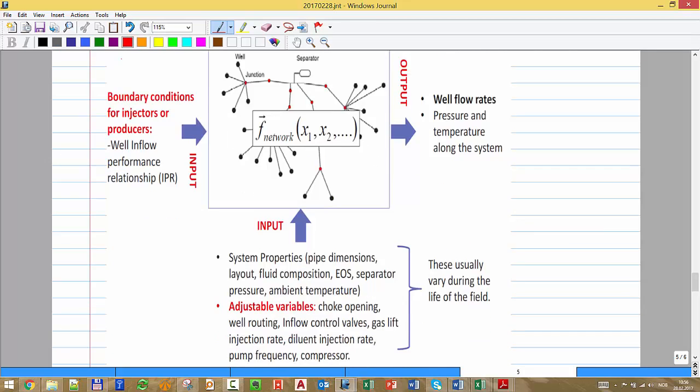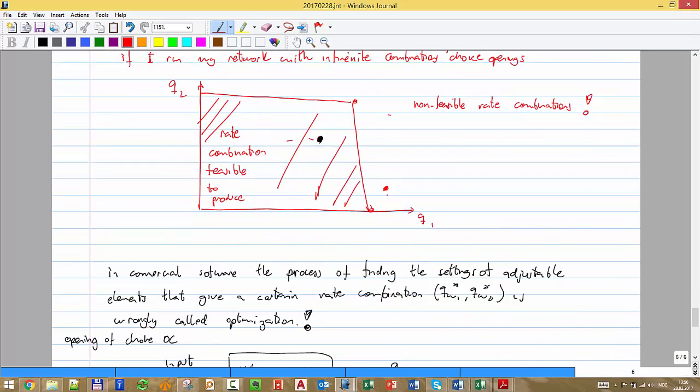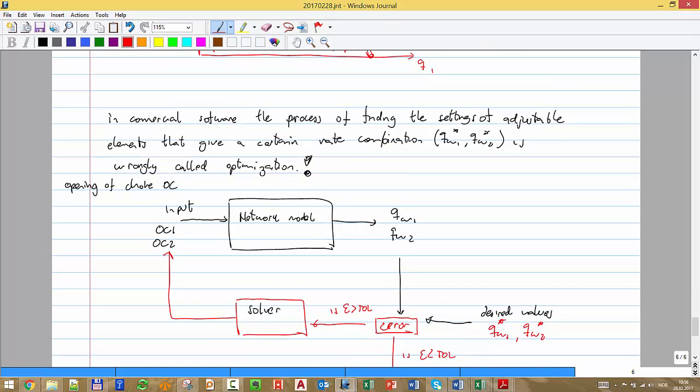And also be aware that they call optimization this process of finding exactly the settings that give you a particular set of rates. It's wrongly called optimization, but that's what is done.